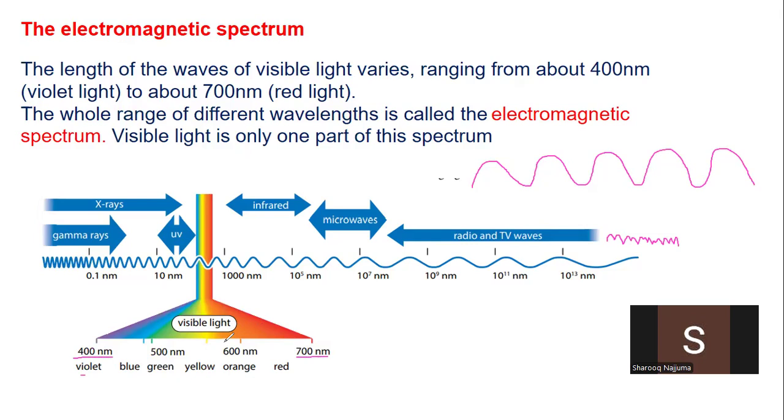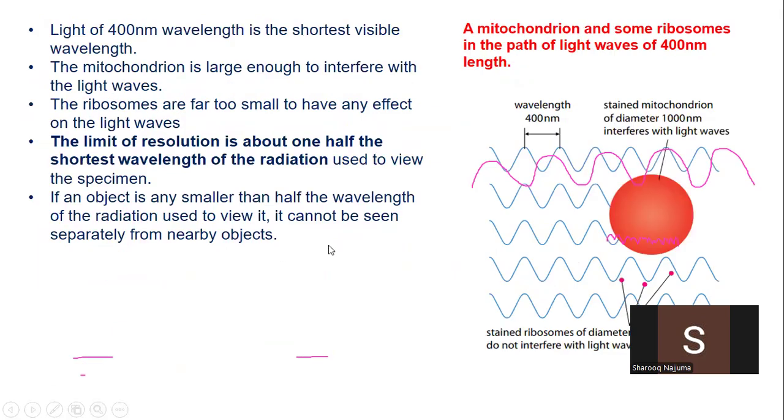So remember that for an object to be observed under a microscope, it should be able to interfere with the light waves. Let's take an example on the next slide. Let's use this diagram here.